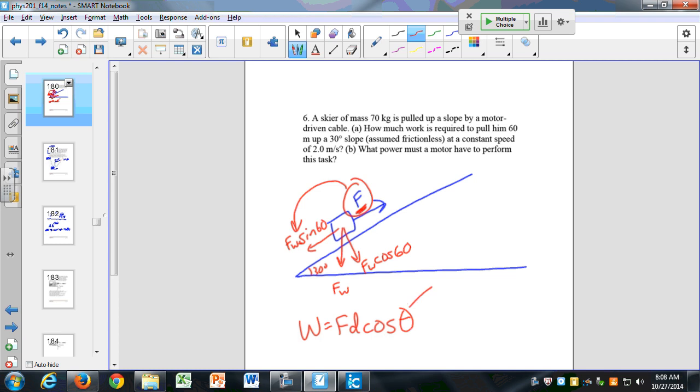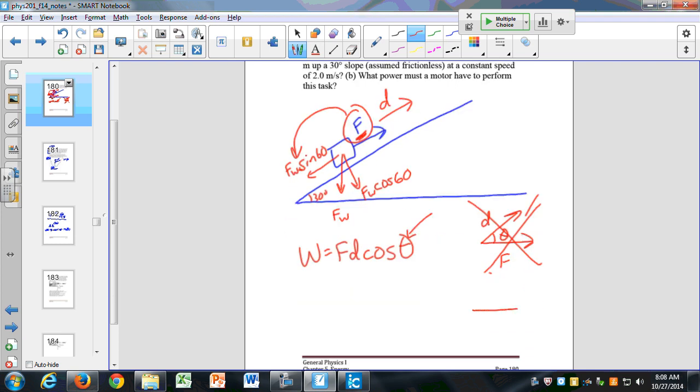However, this angle right here is the angle between the force and the displacement. But in this case, our force and our displacement are in the same direction. So we don't have a situation that looks like this. Instead, force and displacement are in the same direction, and for them, the angle is equal to 0 degrees.